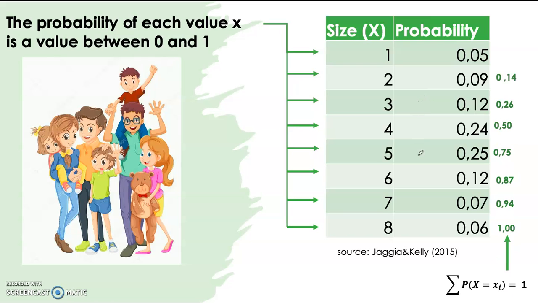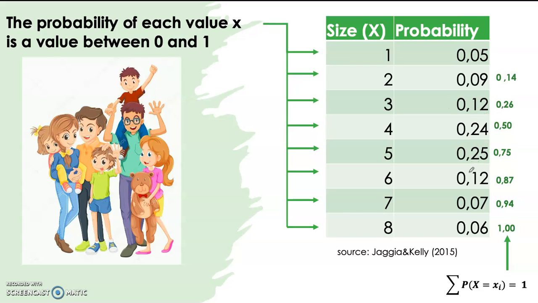Then the second property says that the sum of the probabilities of each random variable will equal 1. And here 0.05 plus 0.09 is 0.14. 0.14 plus 0.12 is 0.26, and so on.